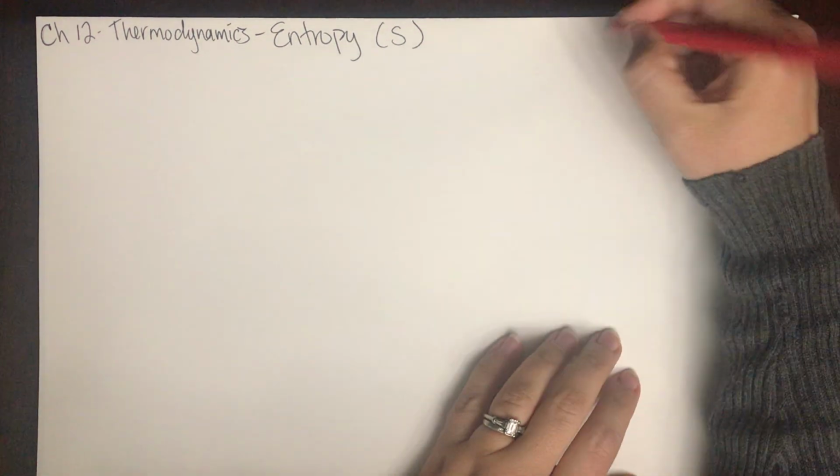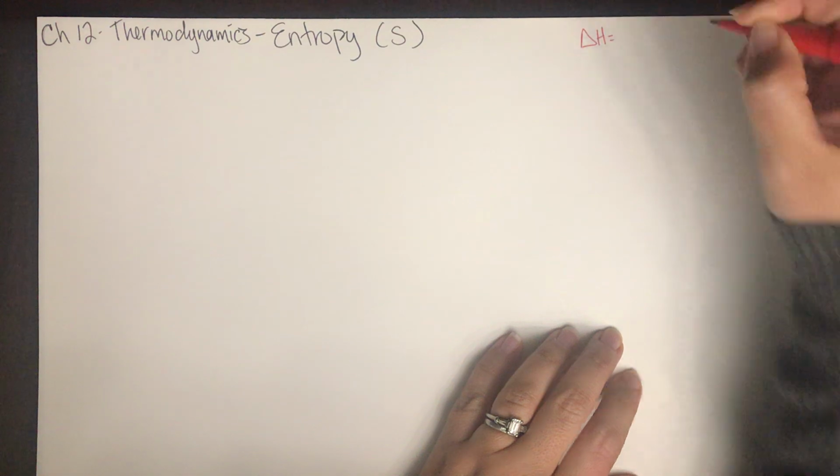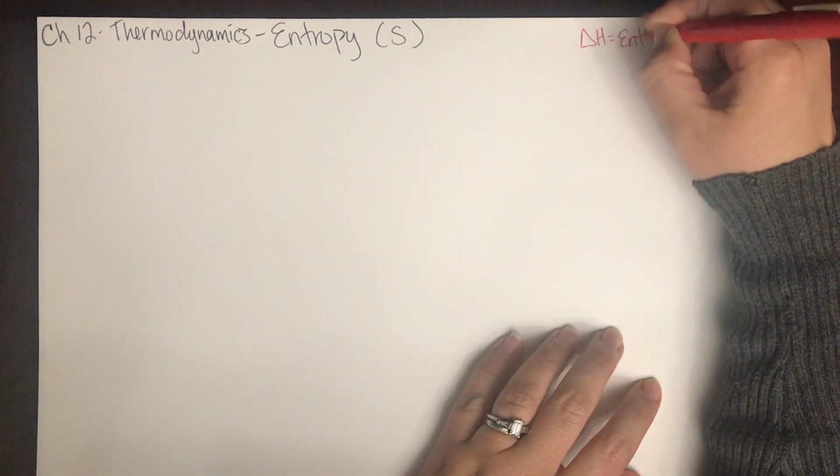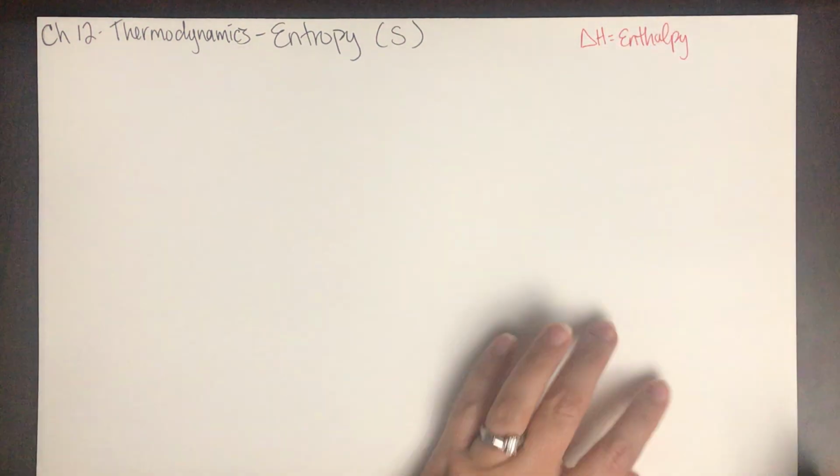Okay, so we are going to talk about something called entropy. So we're talking about thermodynamics, and let's just review what we already know. So we already know that delta H is something called enthalpy.